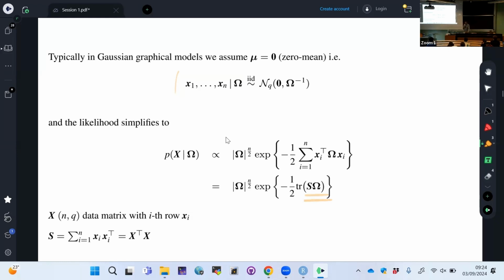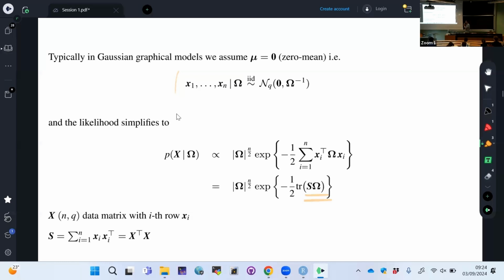The matrix S is nothing but X prime X, where X is your n by q data matrix, having as the ith row the ith vector xi prime. Basically this is, if you like, the numerator of the sample covariance matrix if you have zero mean, and we call this bold S.